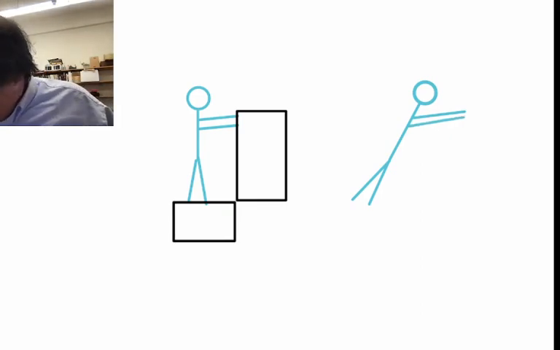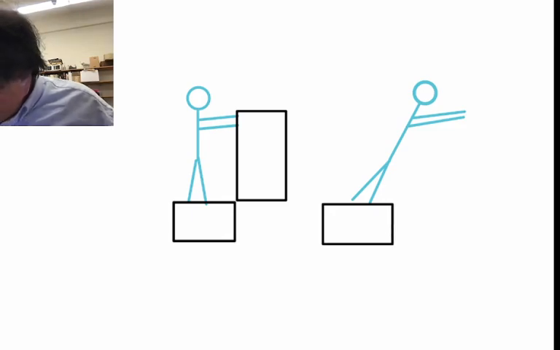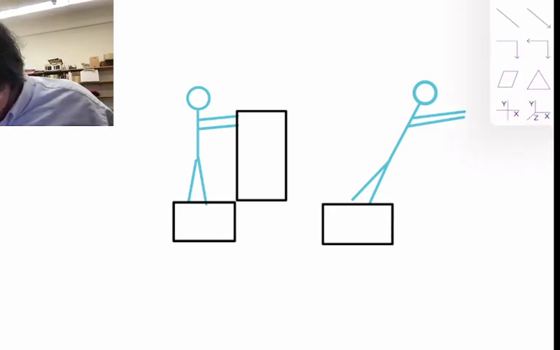And the one block will move this way, and the other block will move the other way.